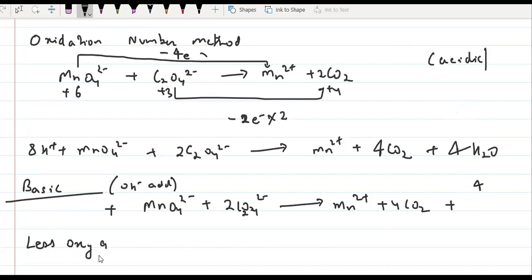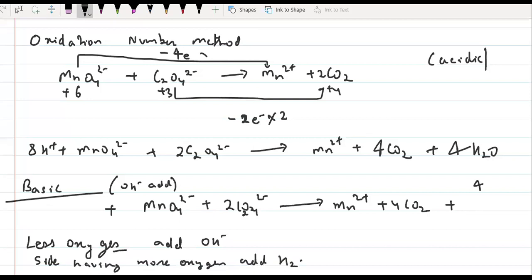The side having less oxygen, add OH minus. The side having more oxygen, add H2O. Got it? Tell me yes or no.